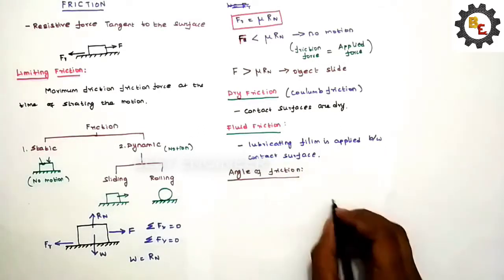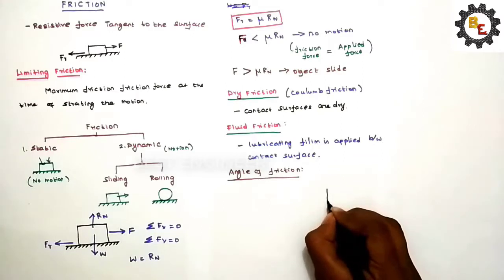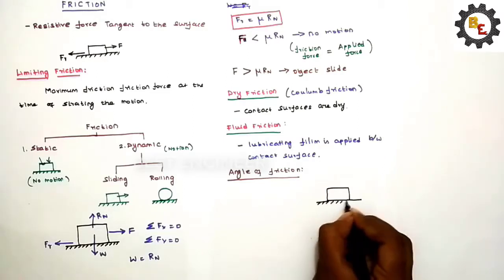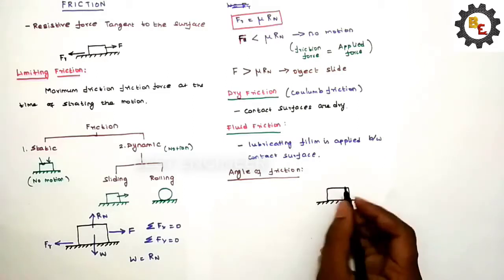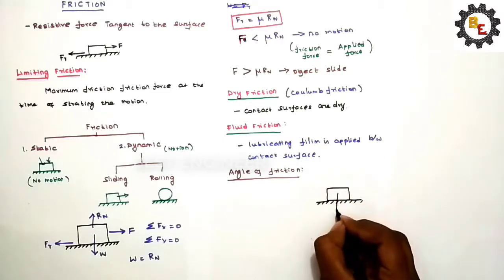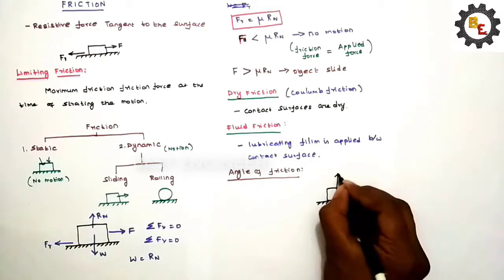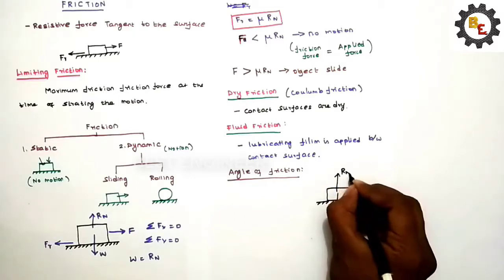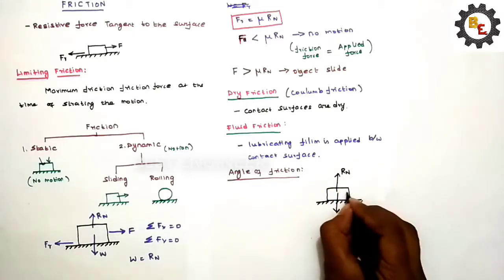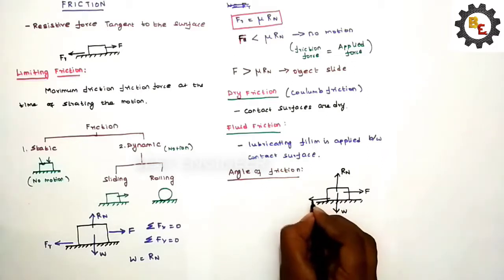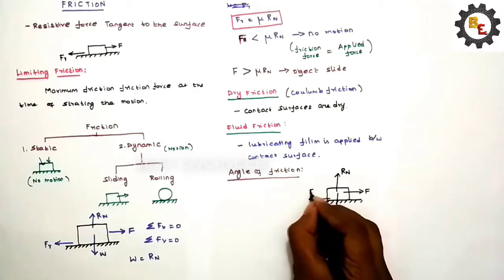Next, angle of friction. Let's imagine this one is an object kept on the surface. This one is weight of object, and this one is normal reaction. This one is applied force, and this one is friction force.